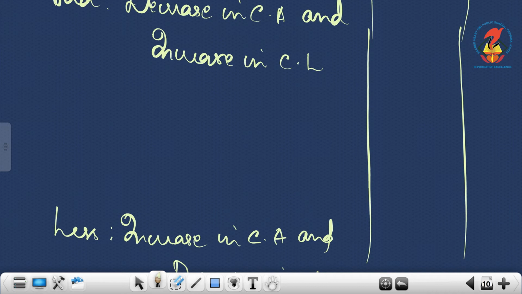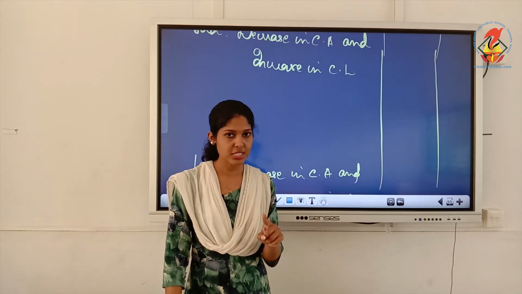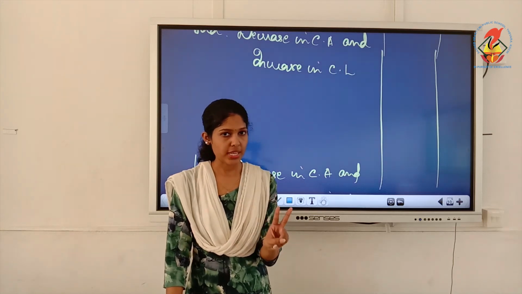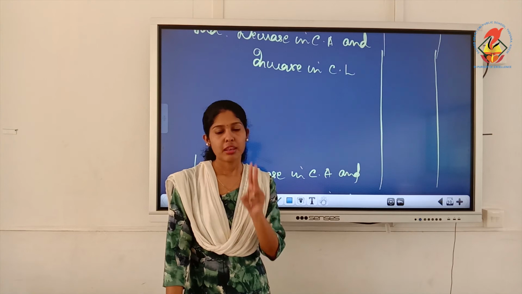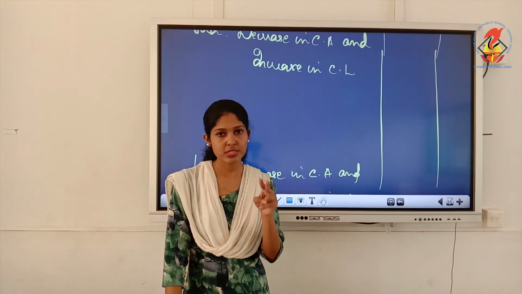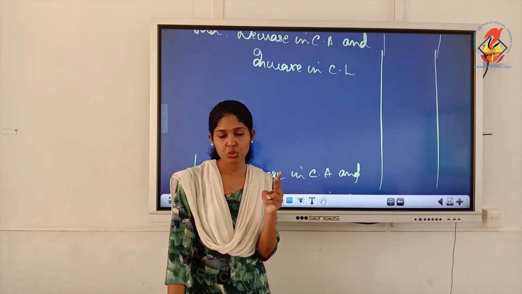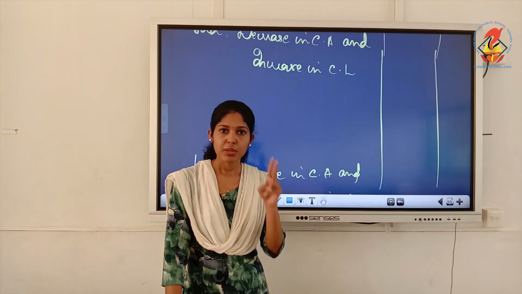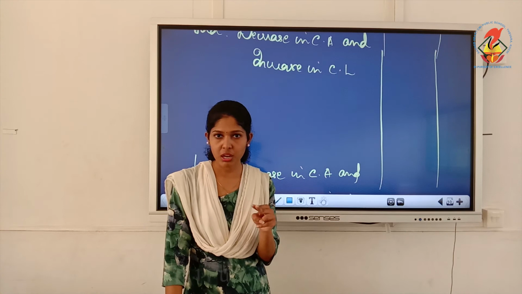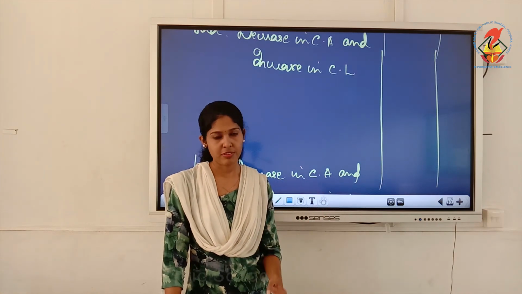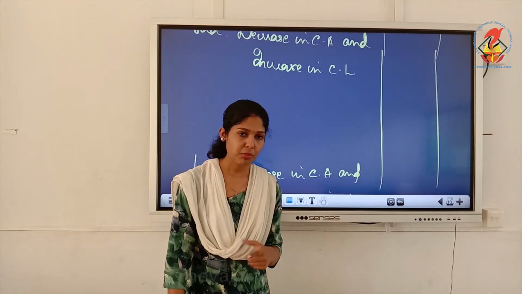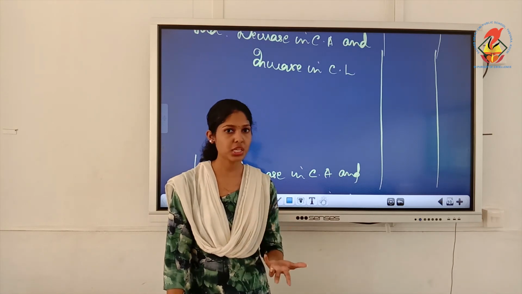So we will refer to the current assets and current liabilities section, but from current liabilities you must always remember to exclude two items, cash credit and bank overdraft. I have given notes in your book, so just go through that. Cash credit and bank overdraft must be excluded because they will be taken in financing activity. So don't take them here under current liability. Then from current assets you have to exclude cash and cash equivalents.